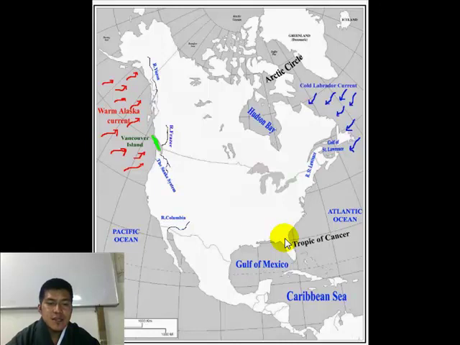Whereas the southern half of Mexico and the Central America lies south of the Tropic of Cancer, and these places are warmer.